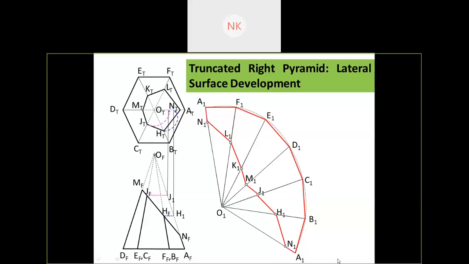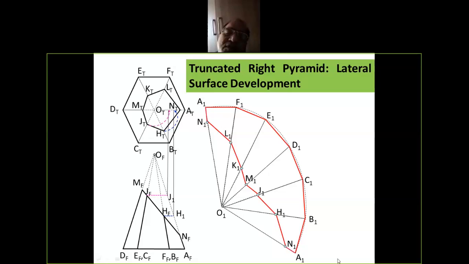In a similar case we have got the same length from O1 B1 to the axis. We cut OC1, OD1, next OE1, in the same reverse direction, and OF1 and A1 N1.